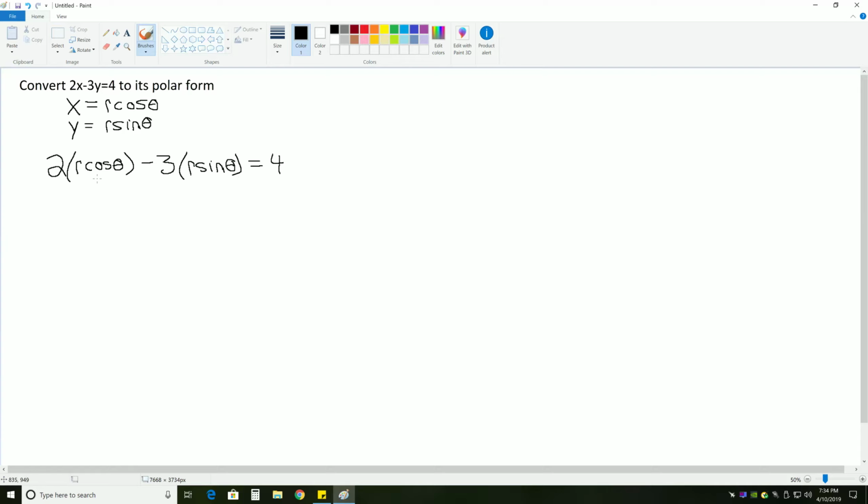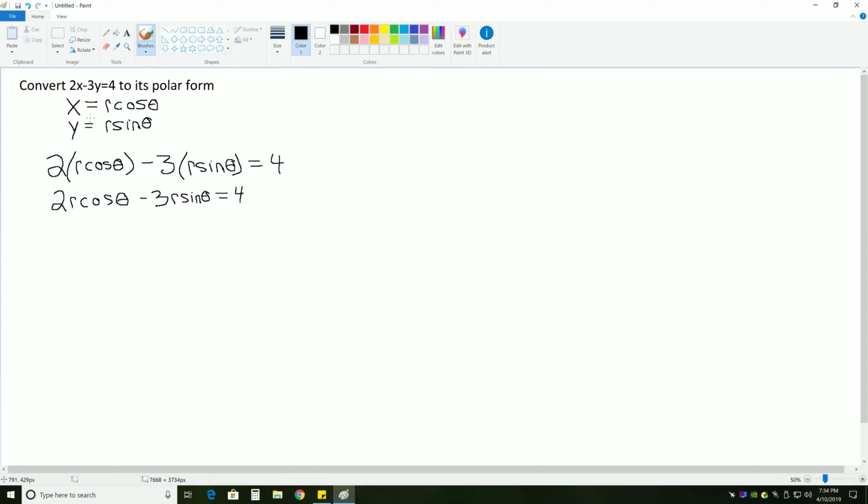And multiplying this out to simplify it a bit, we get 2r cosine theta minus 3r sine theta is equal to 4.